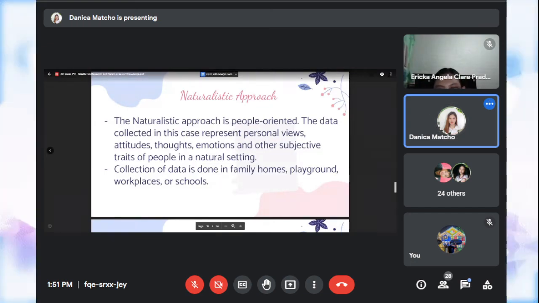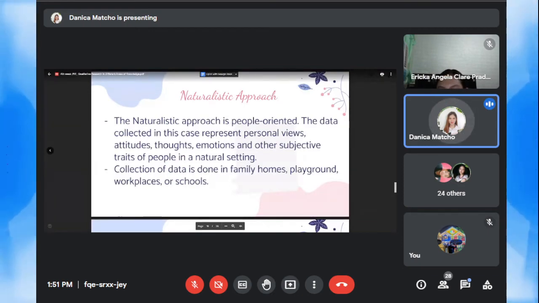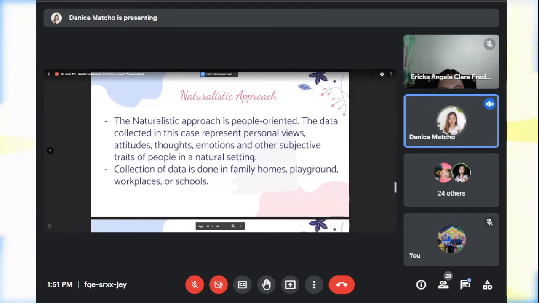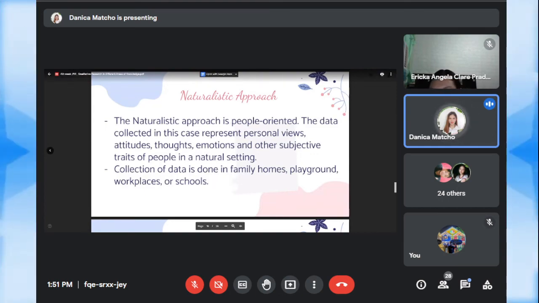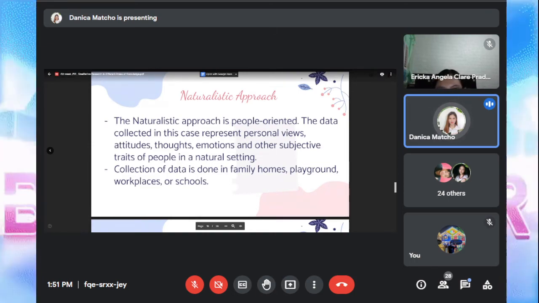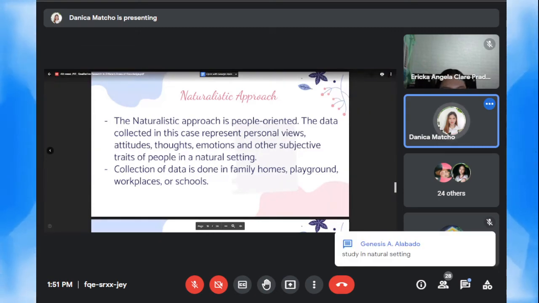Qualitative, right? So they are both dealing with the data that are intangible. So most of the time, nagko-collect ka ng data na based on their emotions, based on their feelings, based on their opinions, and so on and so forth. Okay?